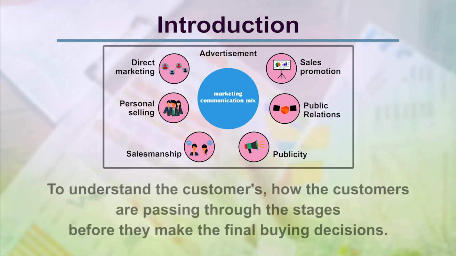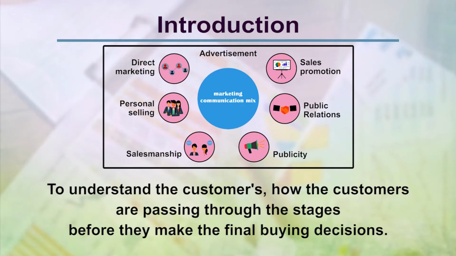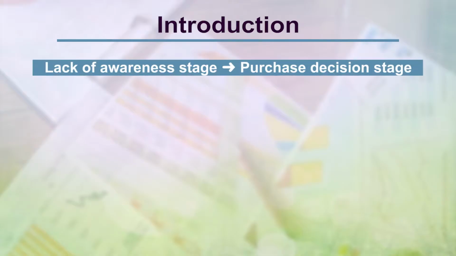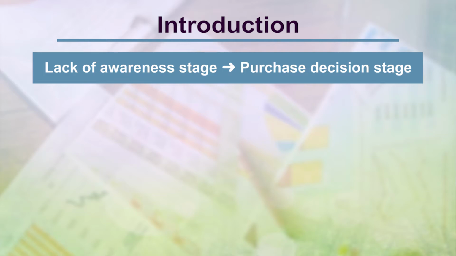Marketers use these models to understand how customers pass through these stages before they make the final buying decision. A variety of studies have been made to understand the different models and how these models help the marketer to move customers through the hierarchy process, so that customers can be converted from the lack of awareness stage to the purchase decision stage.